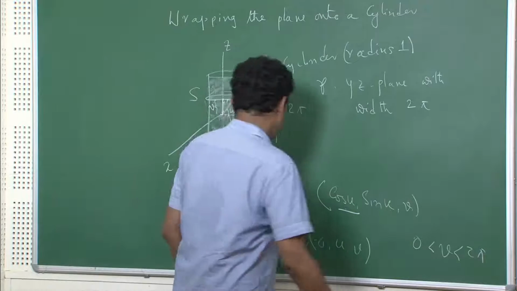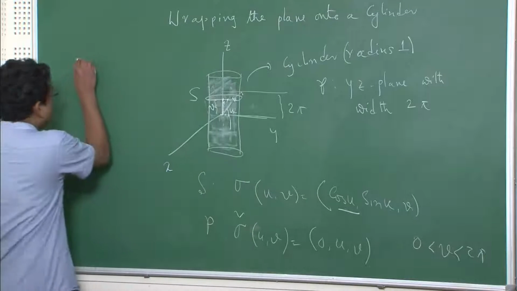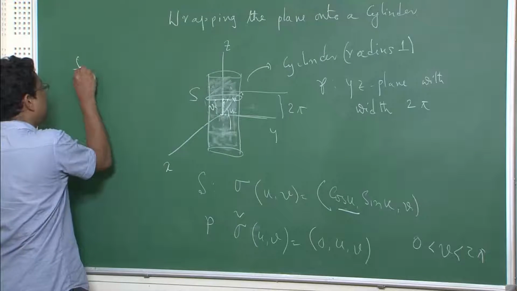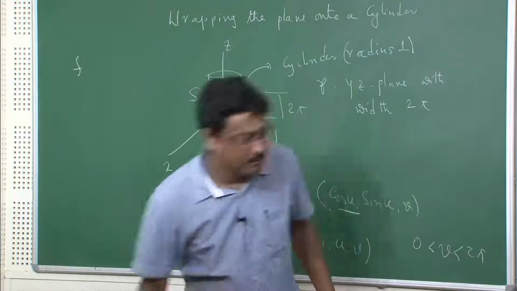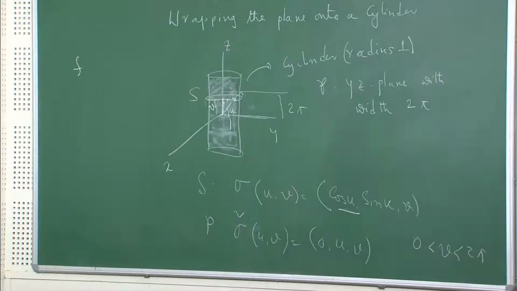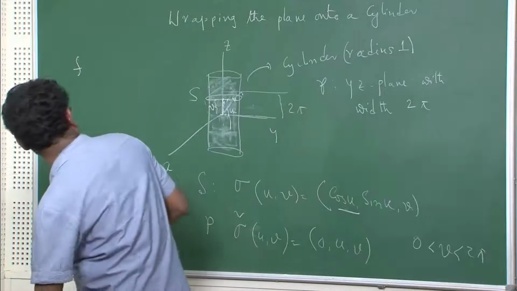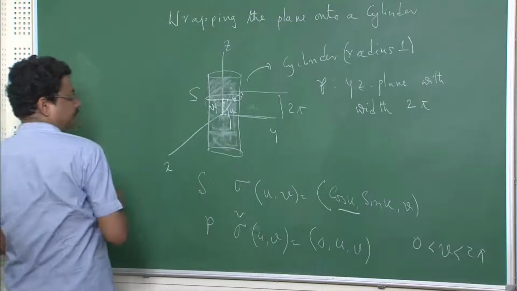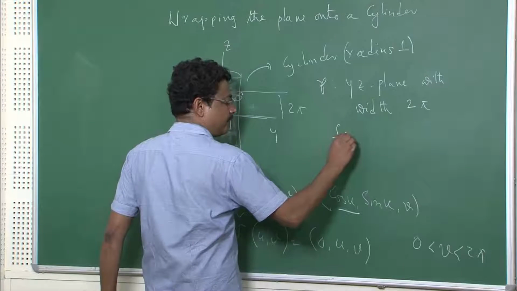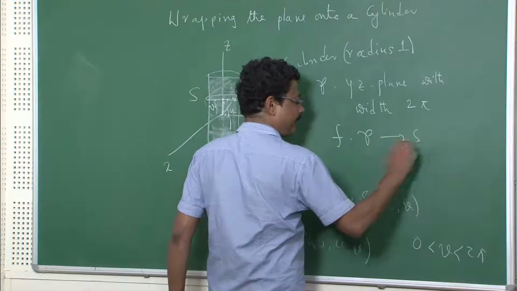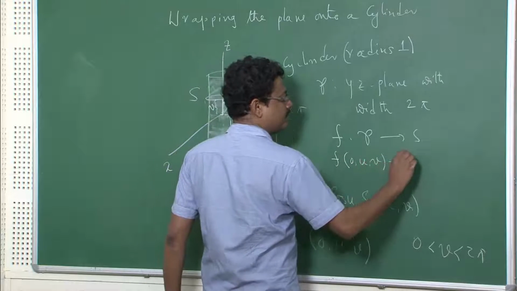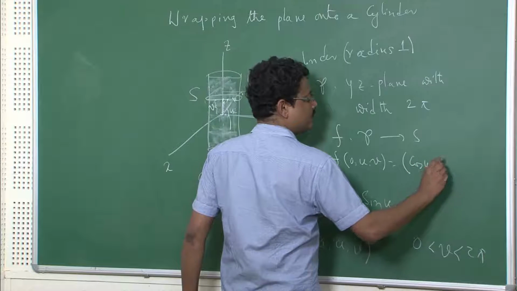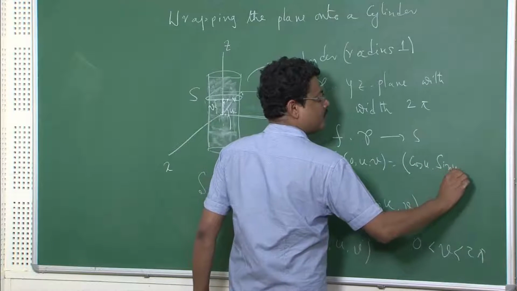So, I can define the map f, let me write on the board itself, f of 0, u, v is cos u, sin u, v.